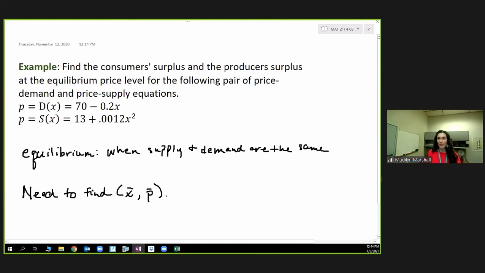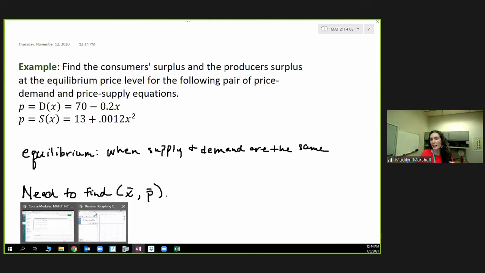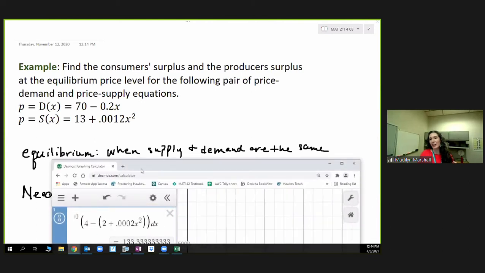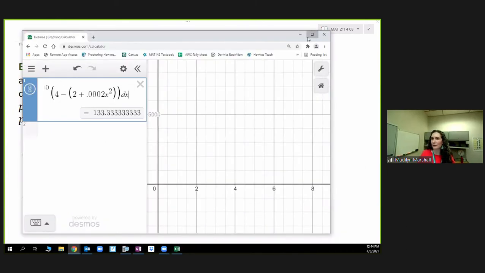So X bar P bar is a point. And if we're looking for the equilibrium between these two, X bar P bar is going to be where those two are the same. So let's look at it on a graph, and you can find this graphically. You can do it algebraically. It's not necessary though. If you want to, you're welcome to, but you don't have to.